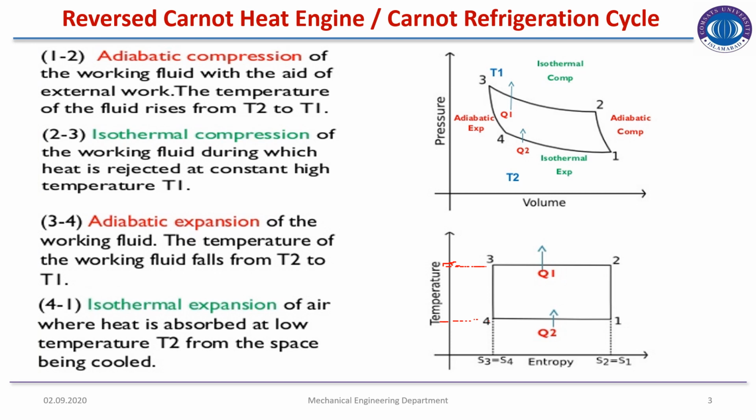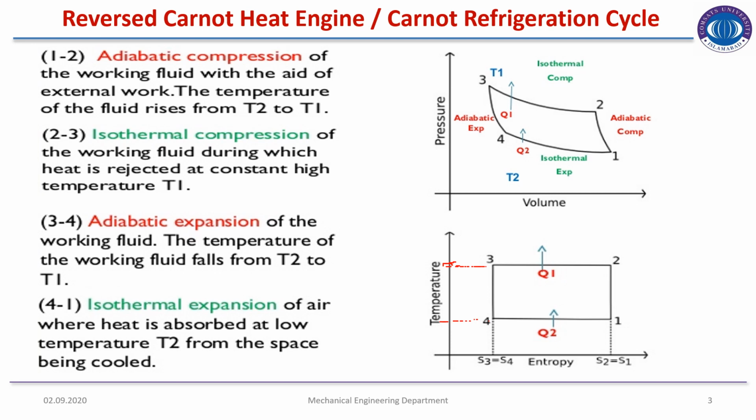So two isothermal processes and two adiabatic processes are involved. One is adiabatic expansion and one is adiabatic compression. But both are reversible adiabatic processes, therefore the value of entropy will remain constant.